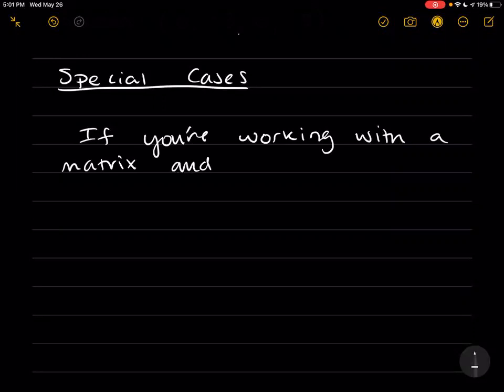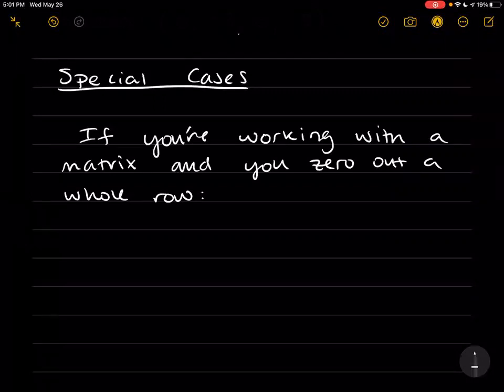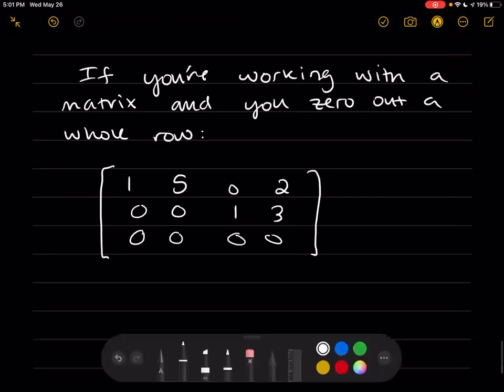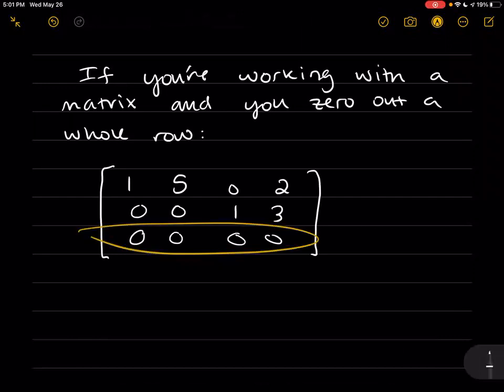and you end up zeroing out a whole row. So like if you were trying to get rid of the number underneath the 1, and it just happened that all the other numbers also went away, and so you just get a row with zeros. So if you got something that looks like 1, 5, 0, 2, and then maybe we get 0, 0, 1, 3, and then our bottom row is all zeros, when you get something that looks like this, then the system has infinitely many solutions.